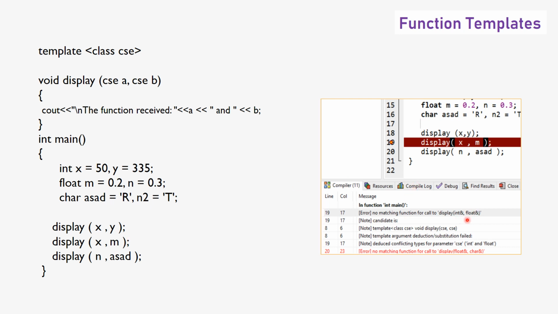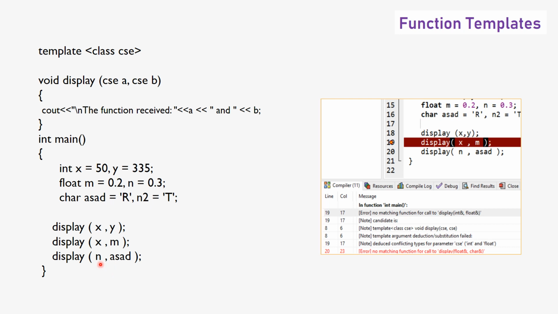If you look at this one, integer and float, that's the error, because when you pass an integer, CSC becomes integer. When CSC becomes integer, this one is also integer, so you cannot pass a float value to an integer variable.